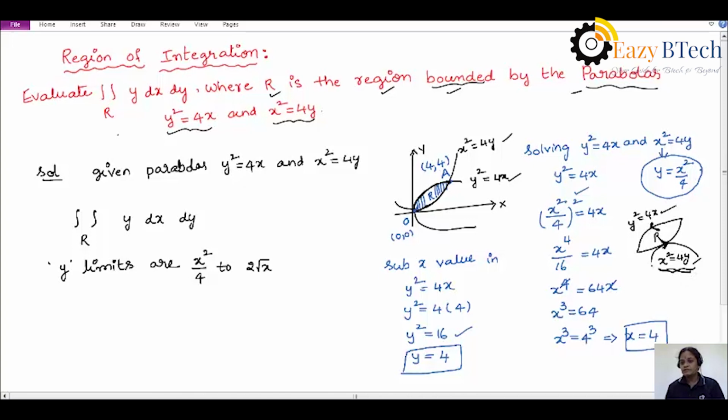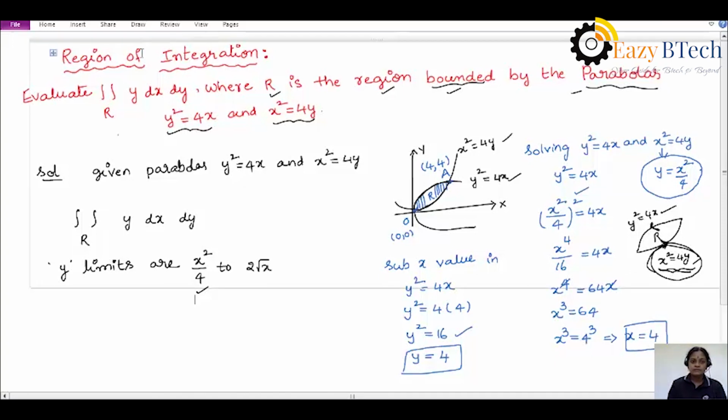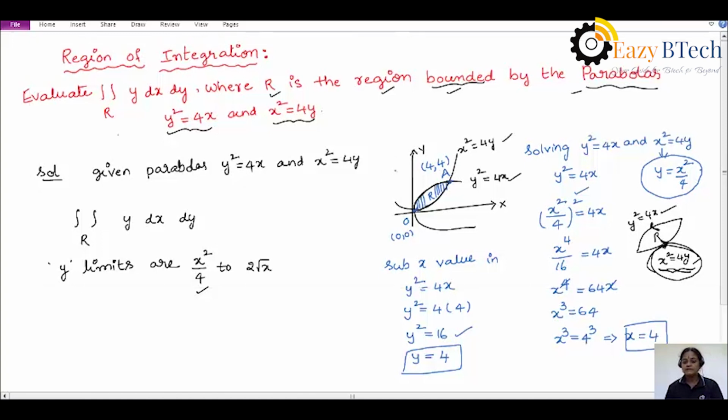In terms of x, y is x square by 4, and from y square is equal to 4x, y is root of 4x, which is root 2x. Okay, students.